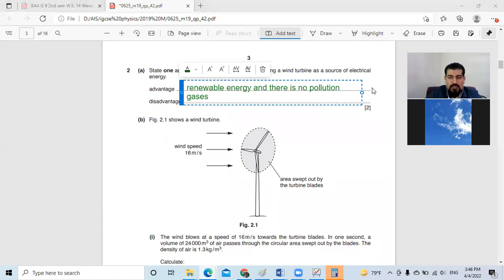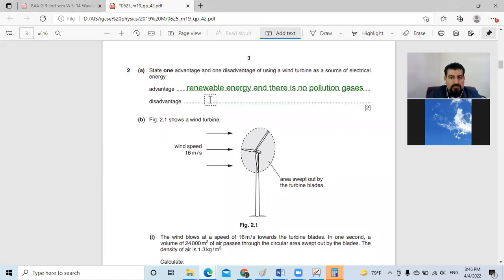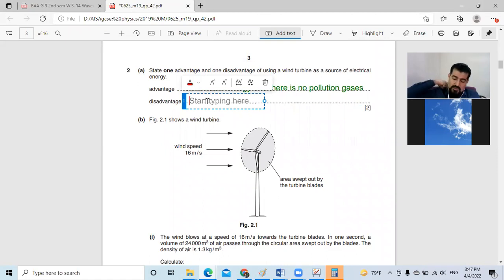That's an answer we can write for the advantages. But for the disadvantages, a lot of you gave correct answers: it's expensive to build in the beginning, or it has low efficiency, or it can cause visual pollution for us to see it, or the wind doesn't blow at constant speed. So you can write one of these disadvantages.